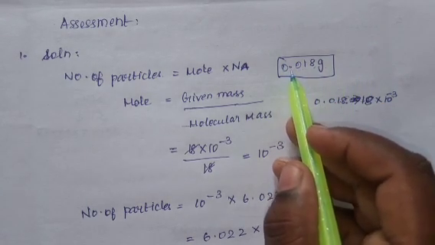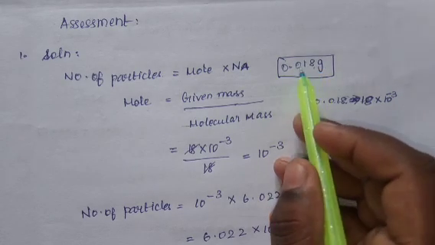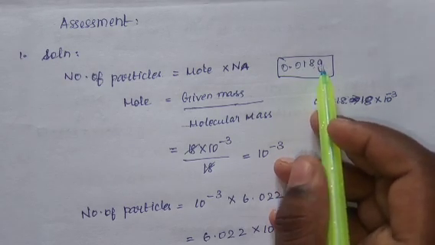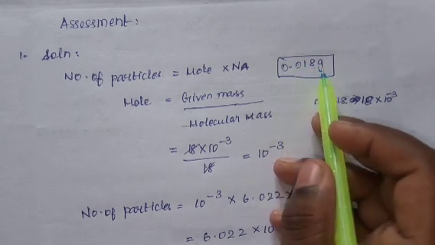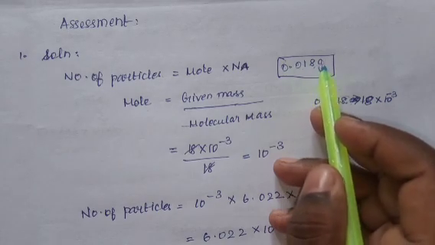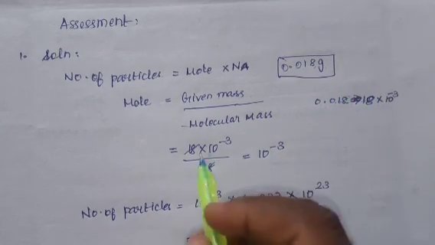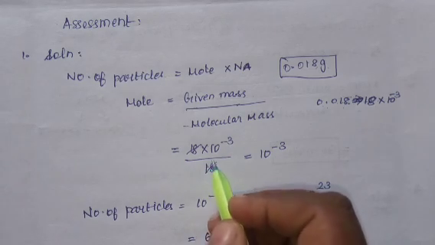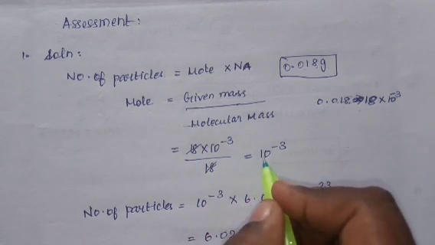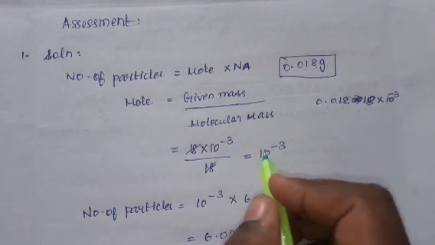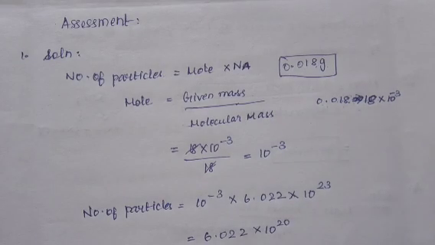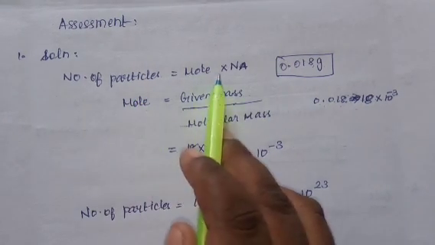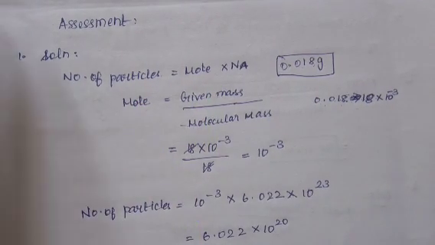See, 1, 2, 3, after 3 decimal places we get the whole number. So 18 into 10 power minus 3 by 18. The 18 gets cancelled, leaving 10 power minus 3. So we got this. Now with this formula we have to find the answer.